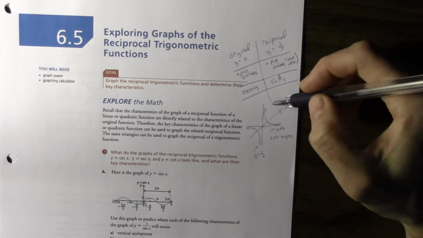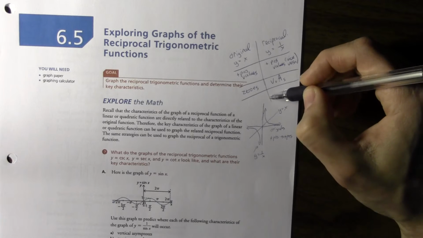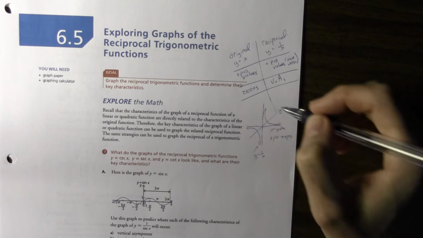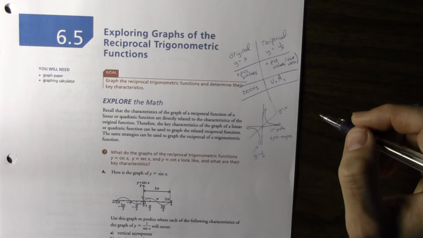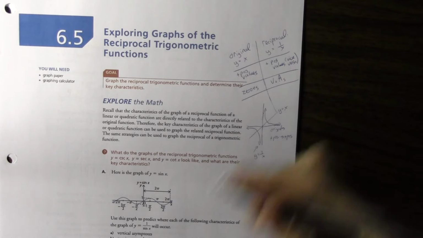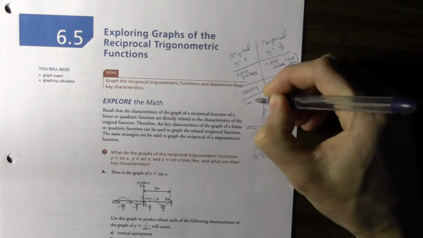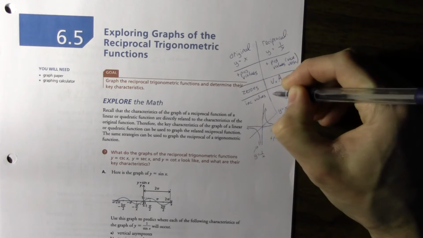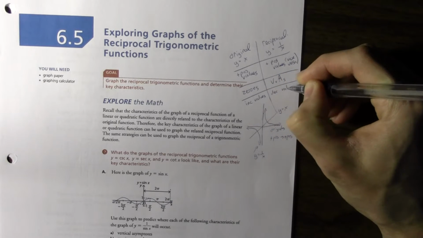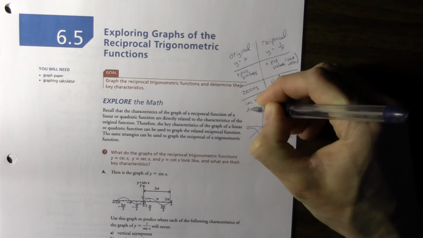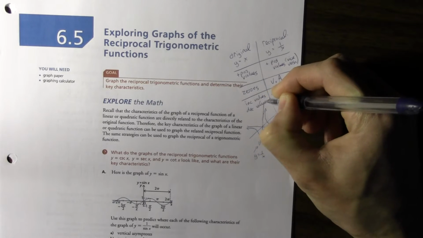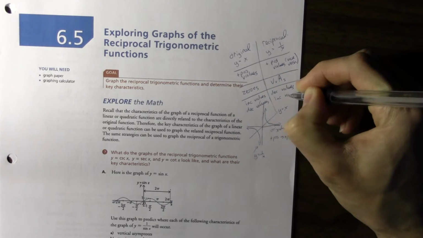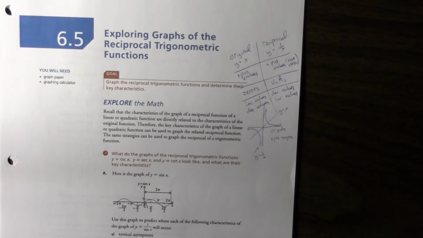What else? Yeah, Joseph? Wherever 1 over x decreases, x is increasing. Okay, right, so increasing values produce decreasing values, and decreasing values produce increasing values. Good. Anything else? Luigi?